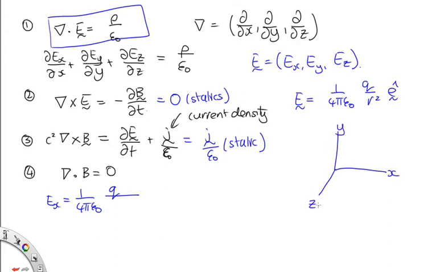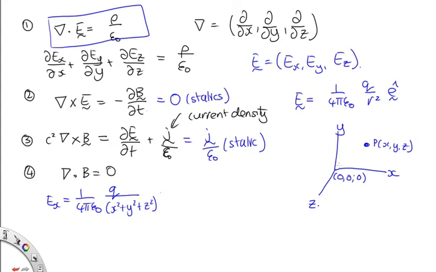Now, in 3 dimensions, if we've got our particle at the origin and we're considering a point P, r squared is equal to x squared plus y squared plus z squared. That's just Pythagoras for 3 dimensions.